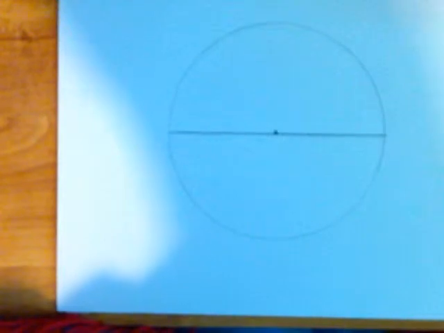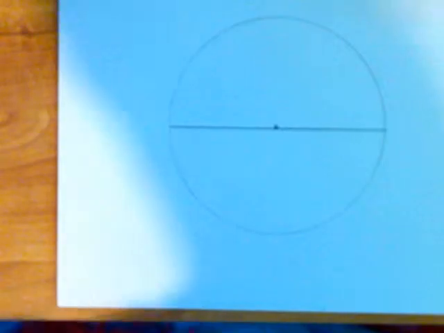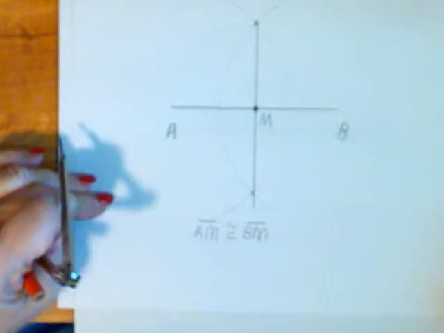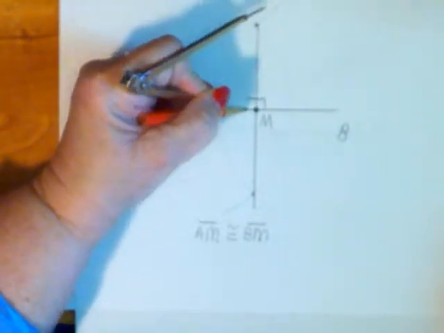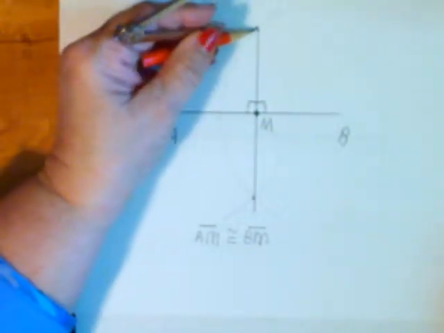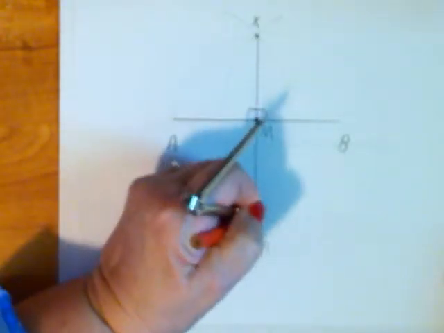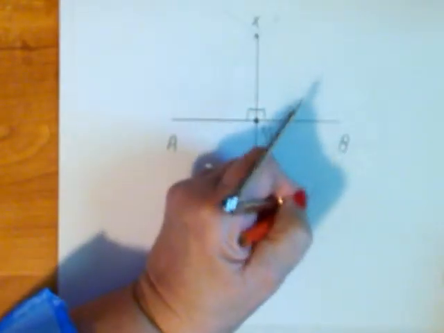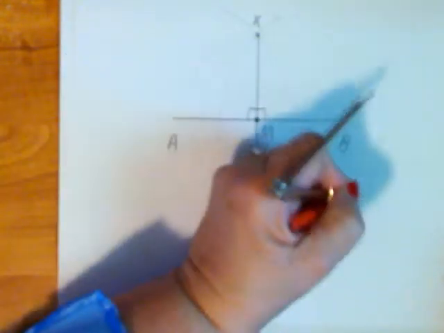Okay, so what I'm going to do is go back here just a minute to finding the midpoint. In our segment where we found the midpoint, the thing to remember, which I didn't tell you in the video, is that when we draw the midpoint and connect these points, if we call this XR, XR is perpendicular to AB.